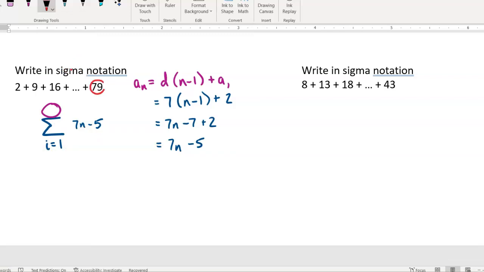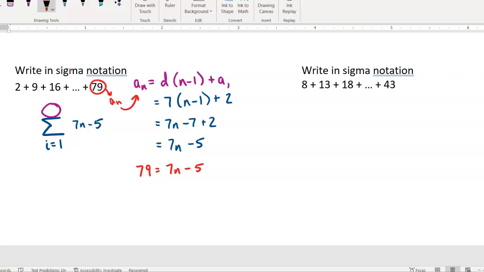Well, remember this represents the last term, or a sub n. So I'm going to substitute that into our explicit formula. In other words, I can say that 79 equals 7 times n minus 5.